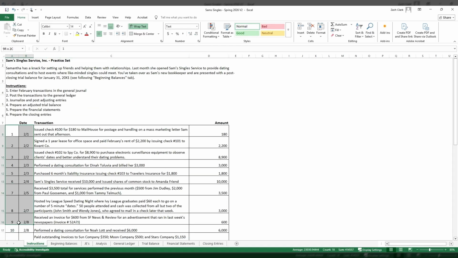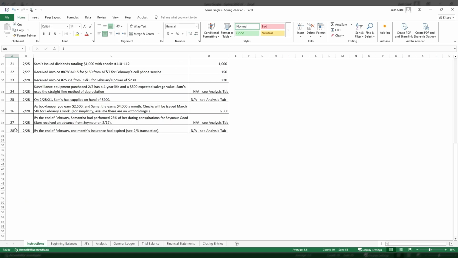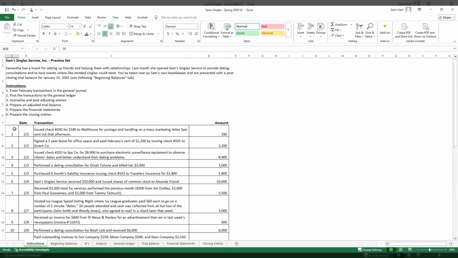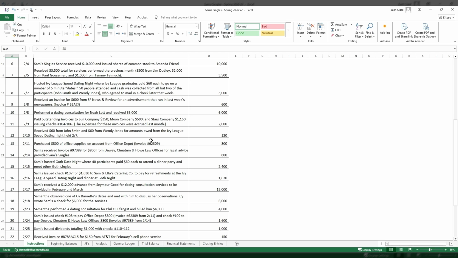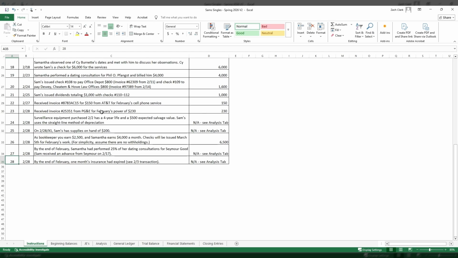So we've got the transactions numbered. We're going to basically account for 28 different transactions. We've got dates, descriptions of the transactions, and then the amounts here in this column. The first 23 transactions are just more general, ongoing day-to-day type journal entries.